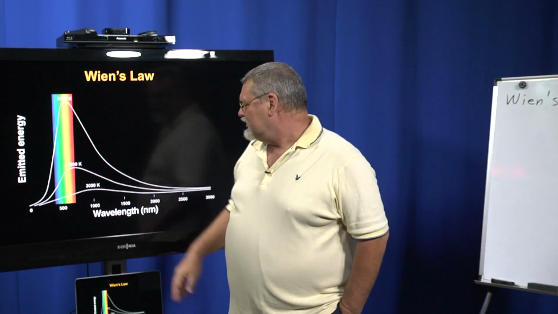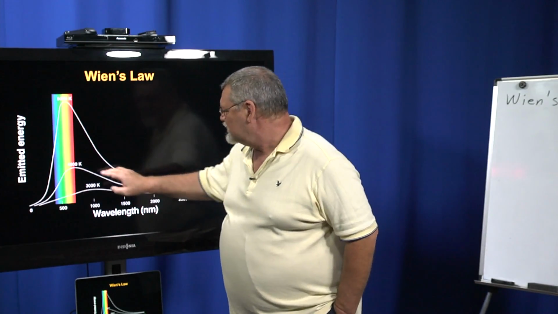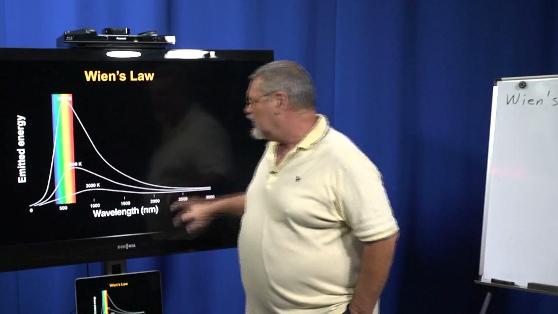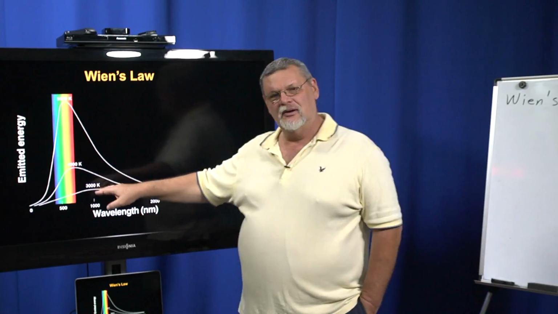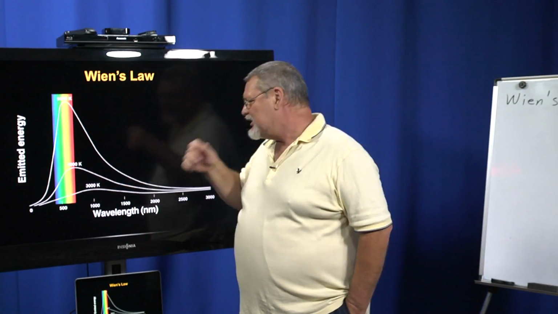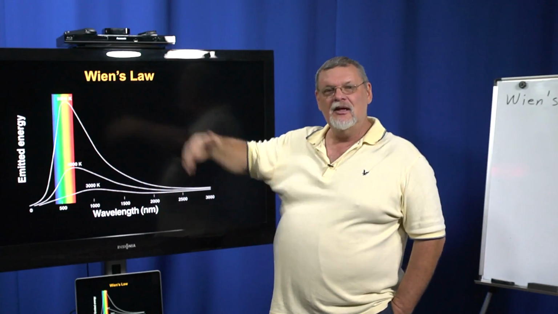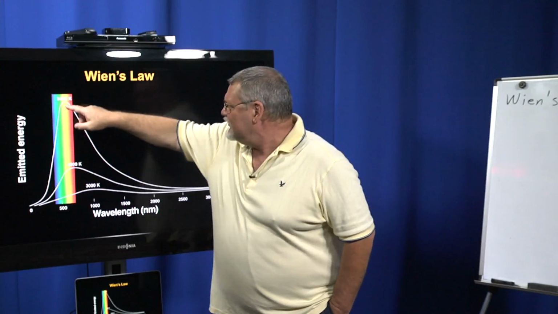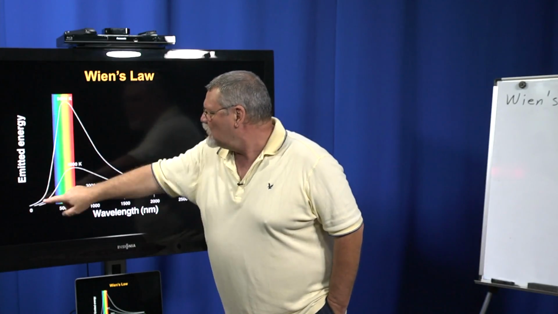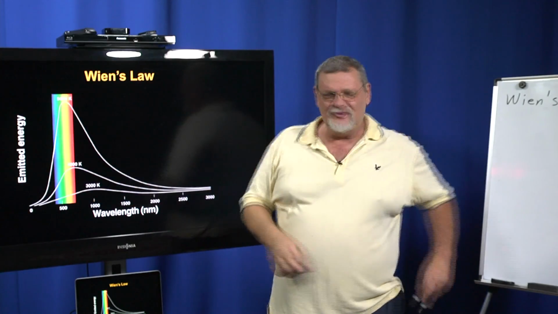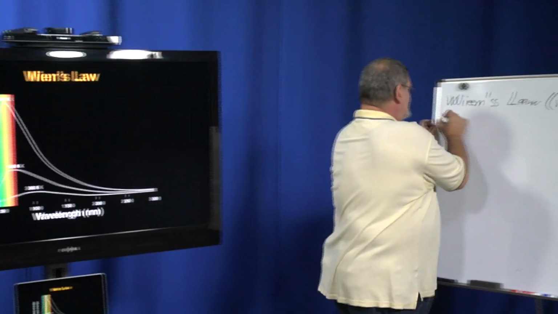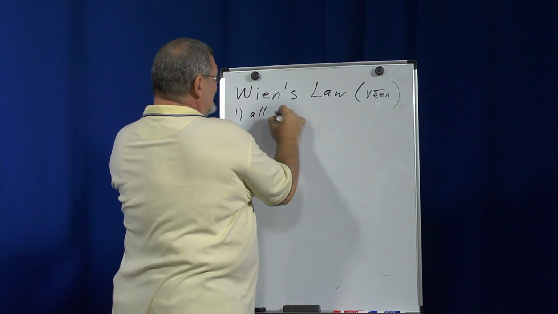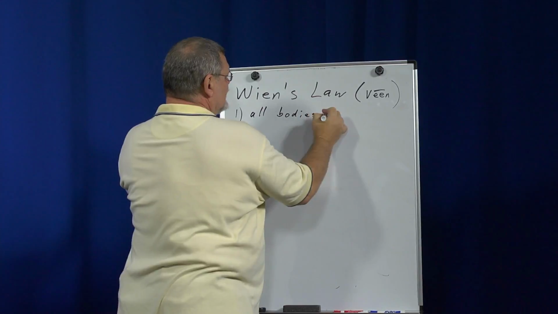At 4,000 Kelvin, you can see that all of the energy underneath this curve here is more than the lower temperature. So the higher the temperature of the body, the more energy it gives off. And finally, at 5,000 here, you can see it's giving off quite a bit. So Wien's law says that, one, all bodies emit energy.